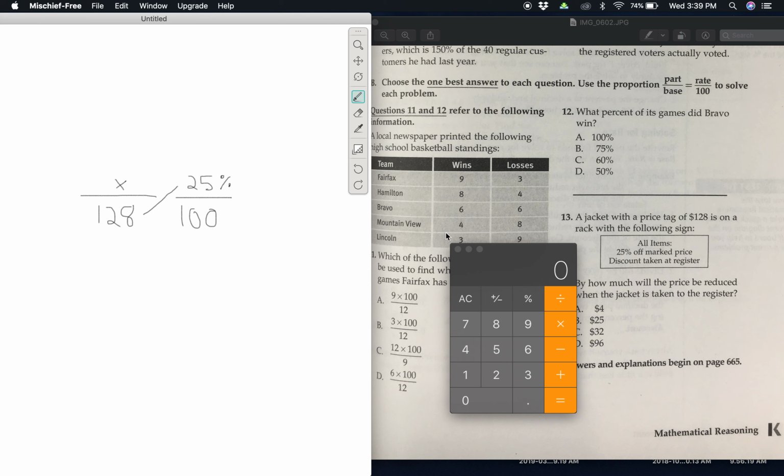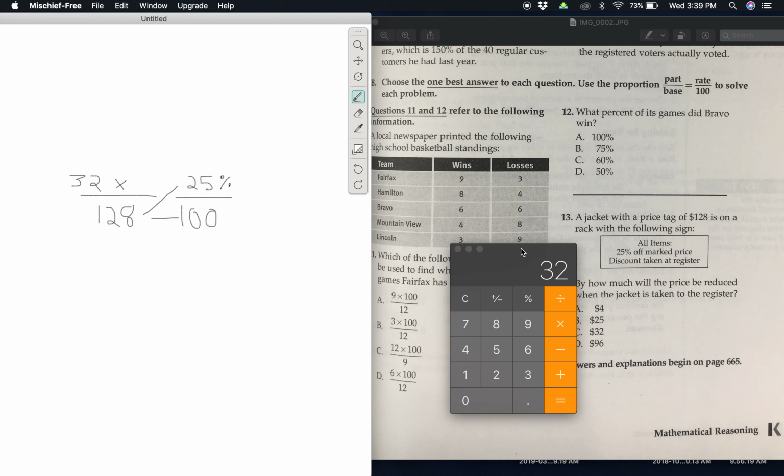Okay, so 25 times 128 equals 3,200. Now we divide it horizontally. So divided by 100 equals 32. So there is our missing variable, 32.